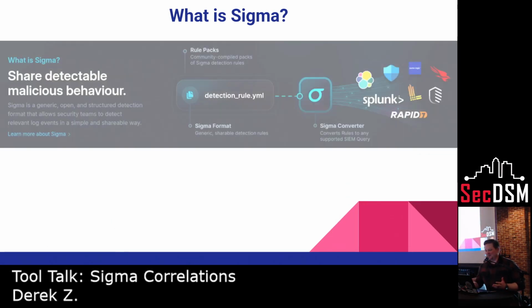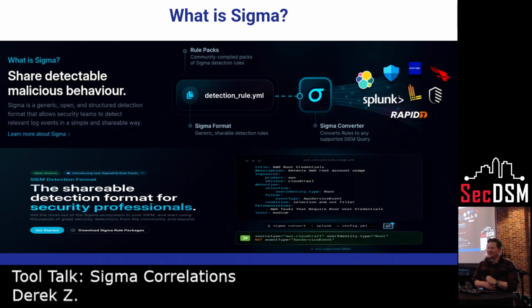What we are going to talk about is Sigma as a Swiss Army knife for SIEM queries, or security information and event management products and platforms. The general idea behind Sigma is to act as a catch-all way of writing detections, just like how Yara, or yet another ridiculous acronym, is used for files, or Snort and Suricata are used for network traffic.